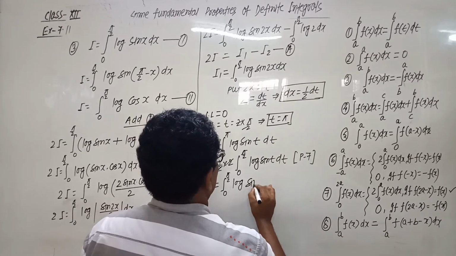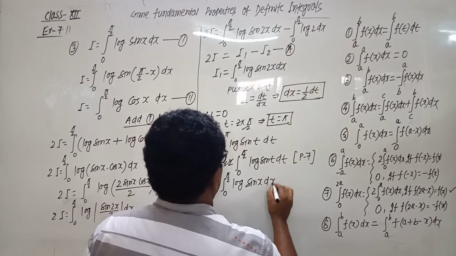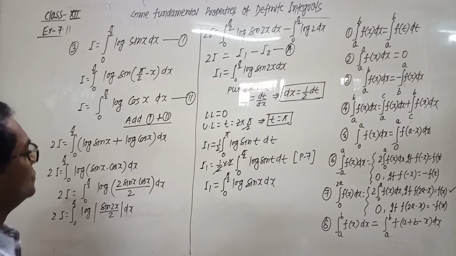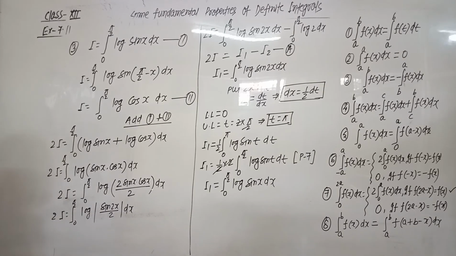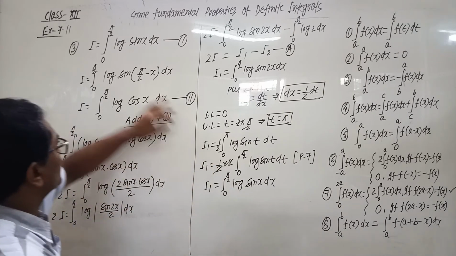So it becomes 0 to pi by 2 log sin x dx, and this was our question.